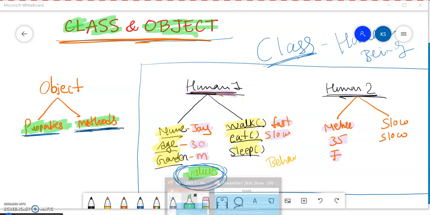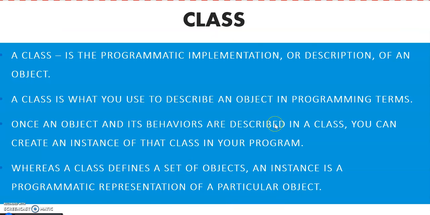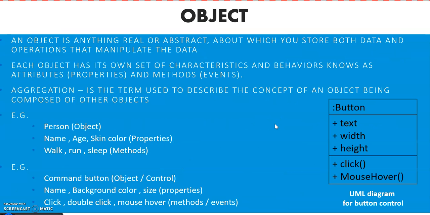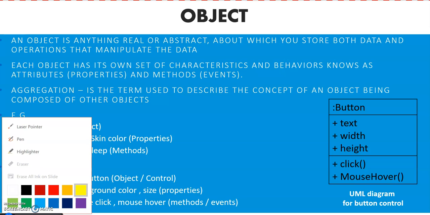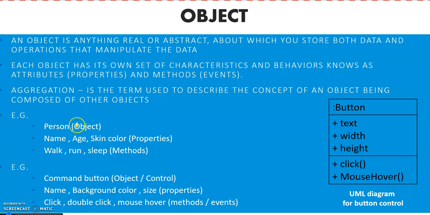And about this slide, it contains the same thing. Here we have the object, person, and it has properties: name, age, and skin color. Methods like walk, run, and sleep.